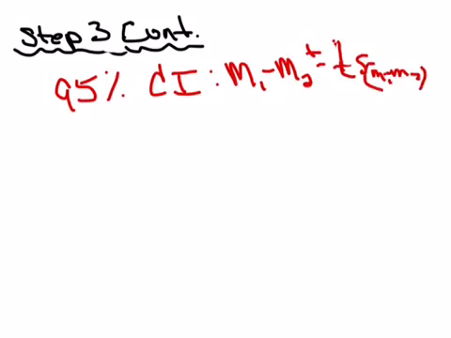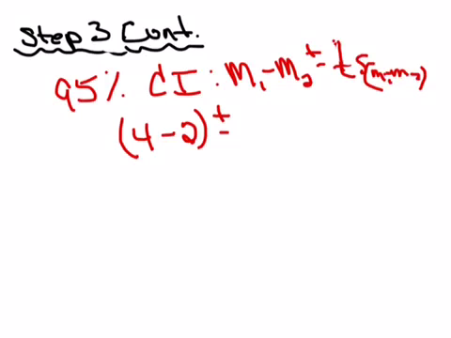Okay, so let's look back. If you remember, our mean 1 was 4, our mean 2 is 2, and we're going to do plus or minus because we're going to have that critical value.